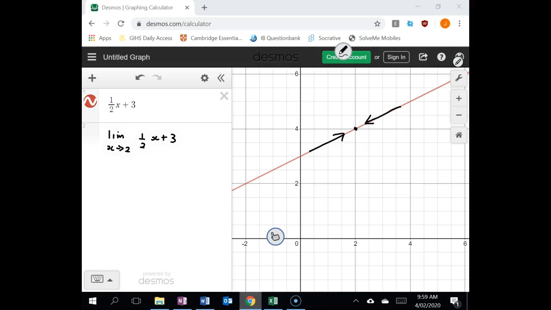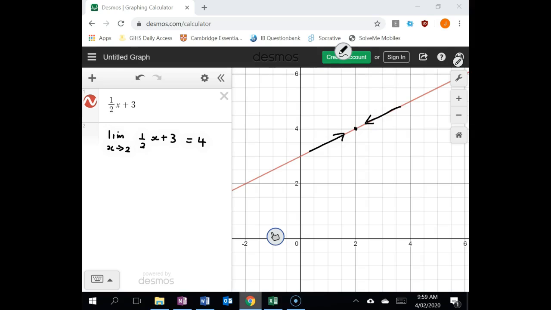If they're not, we don't actually have a limit, and I might do a quick example of that at a different point. So we want to say, what are they coming towards? Because we can read off the graph, we can say the y coordinates along both arrows are going towards 4. So we say the limit as x goes to 2 of a half x plus 3 equals 4.